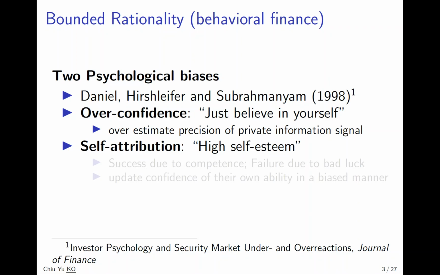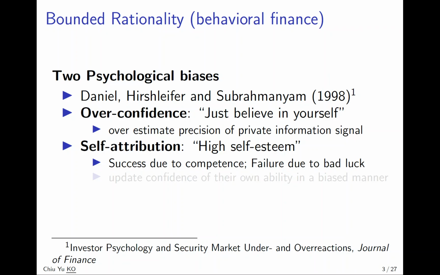The second is called self-attribution bias. What does that mean? It means that if something is successful, then you say it's their own ability, but when they fail, then they think it's bad luck.